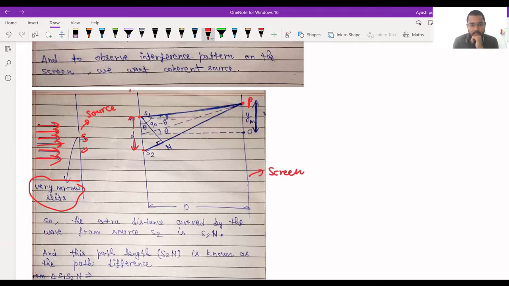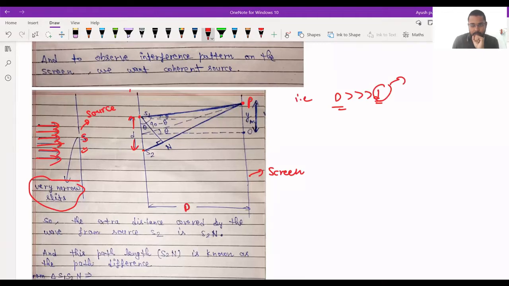The screen is put at a distance capital D from these two slits, and the screen should be very far from the slits, that is, capital D should be much greater than small d.